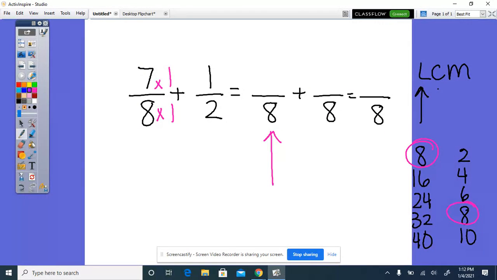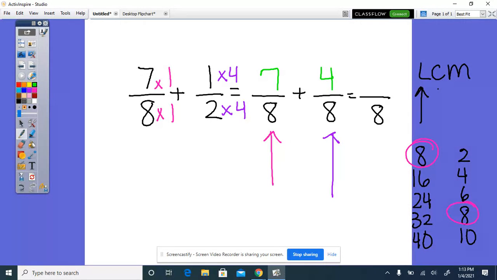Okay? Now, what do we multiply this 2 times to change the 2 to an 8? 2 times 4. Well, what we do to the bottom, we also have to do to the top. Okay? So now we're going to plug in those numbers. 7 times 1 is 7. 1 times 4 is 4. And then you're going to look at your new equation. Okay? We have 7/8 plus 4/8.